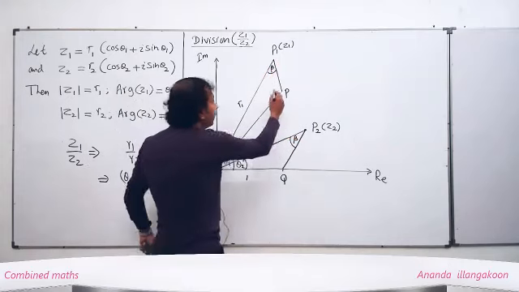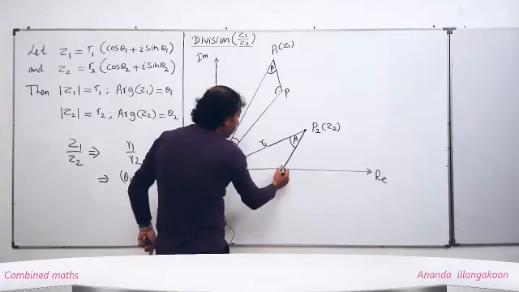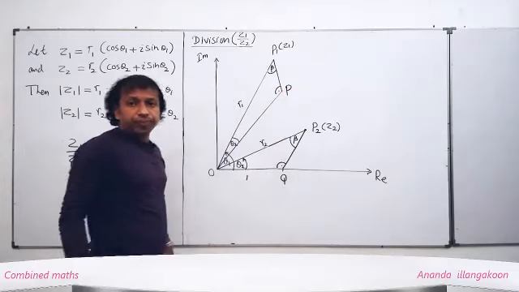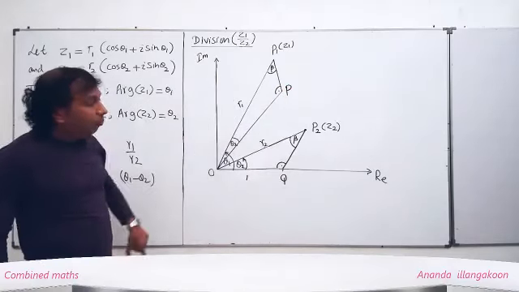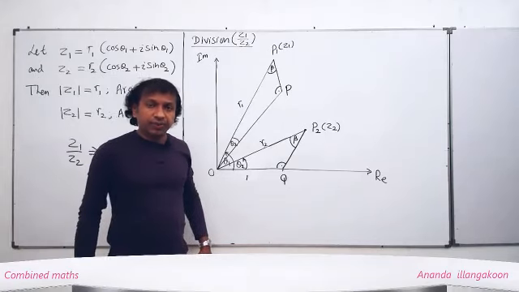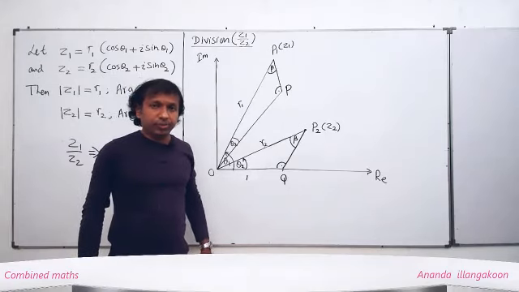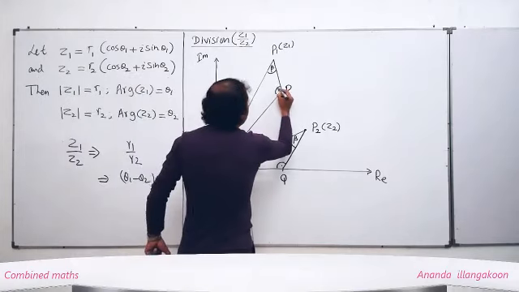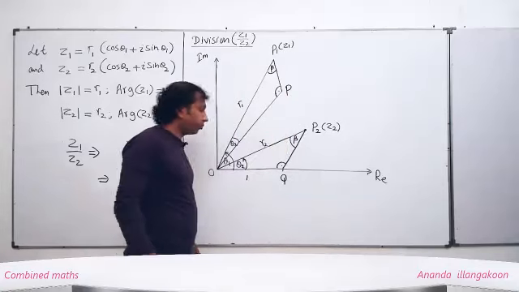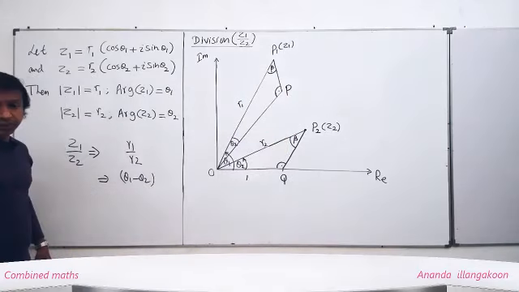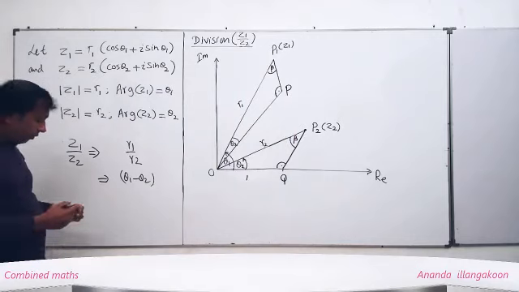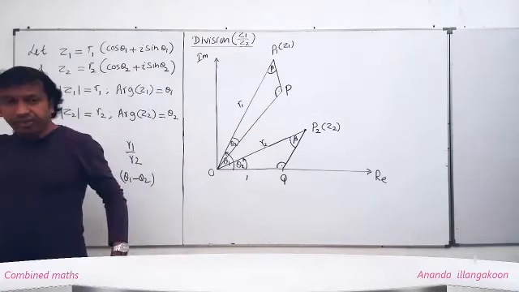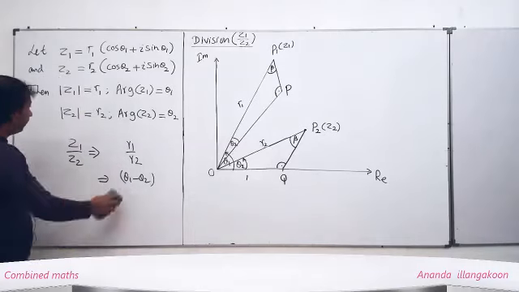Then definitely this angle and this angle are equal. You can very clearly understand that. Then, people, that point P represents the complex number Z1 divided by Z2. This is how we find the point which represents division of two complex numbers. Understand? Now this is the construction. First we draw the diagram and we'll write in one sentence the way of finding the point P.